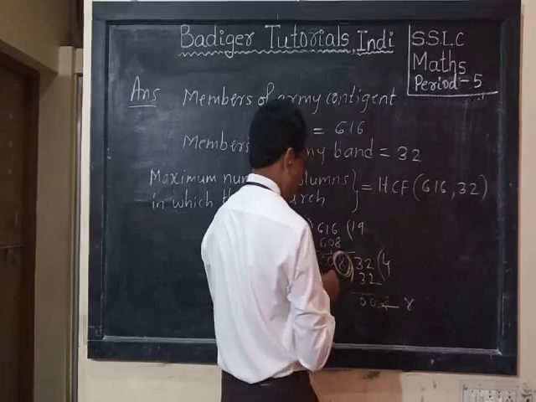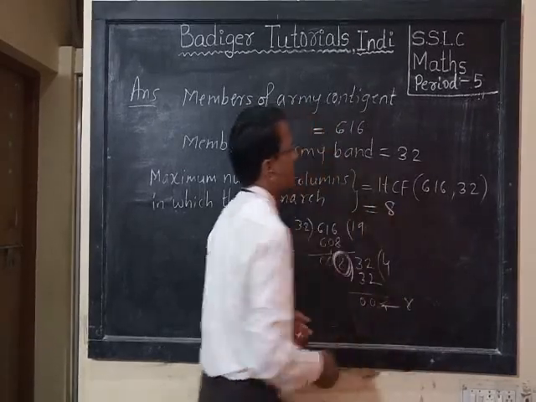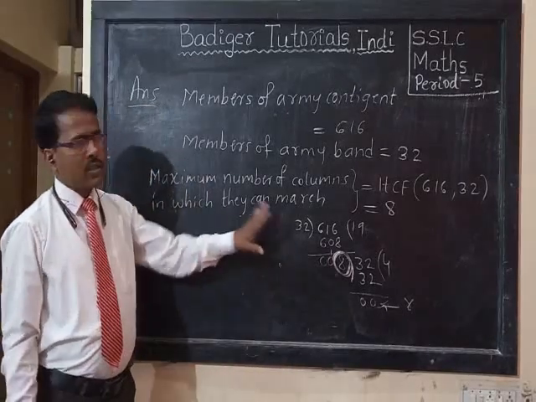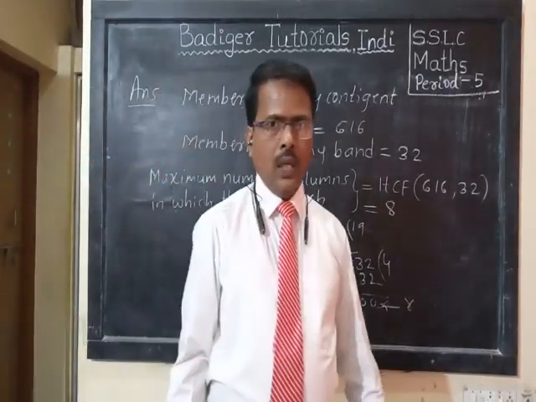So the maximum number of columns is 8. This much is the answer, the remaining was the explanation. I'll go to the next question.